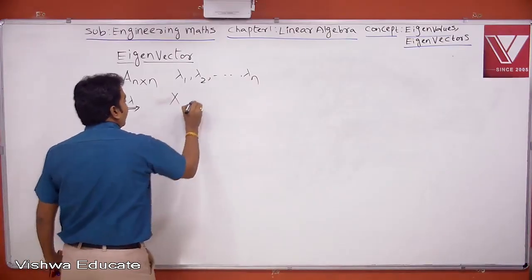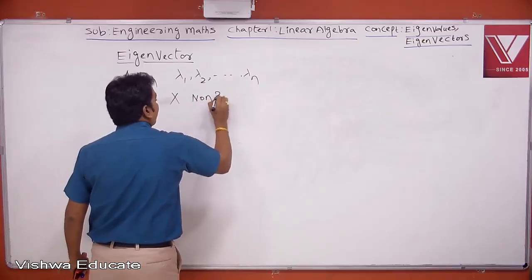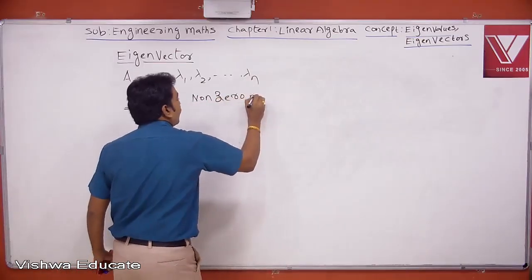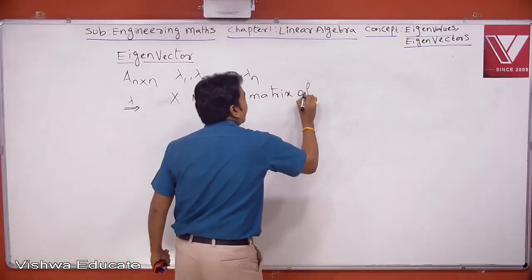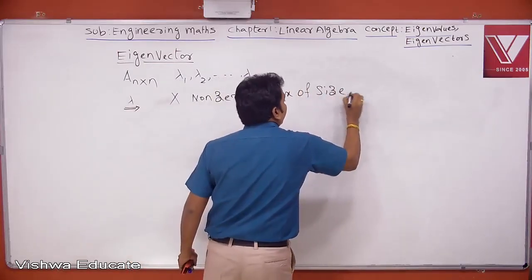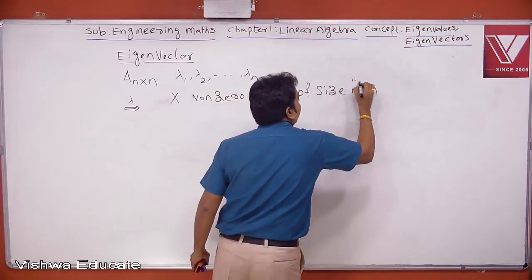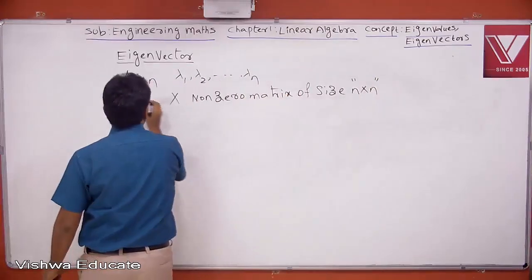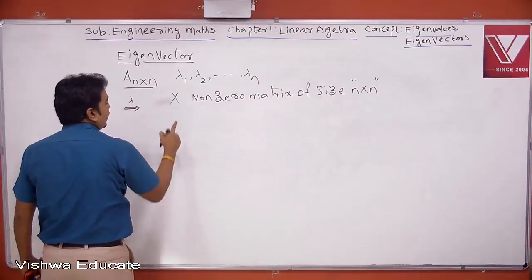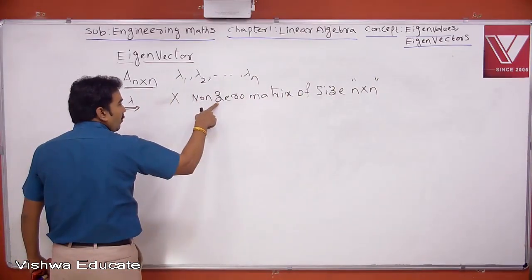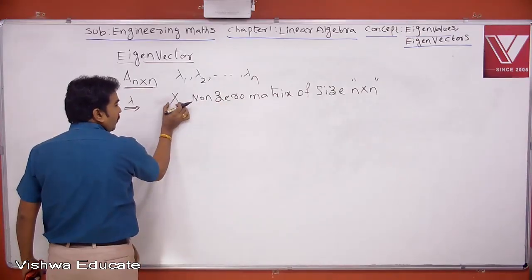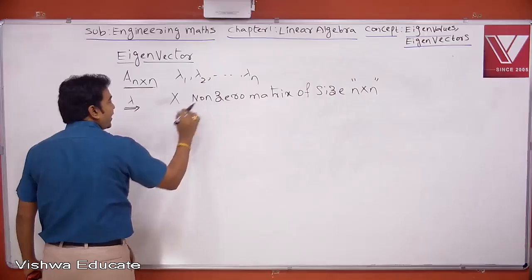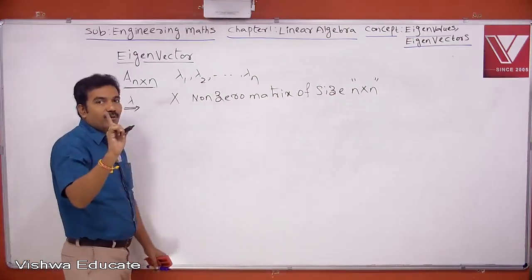Suppose X is a non-zero matrix of size n cross n, because the original matrix size is n cross n. Zero matrix means all elements inside are zero. Non-zero matrix means at least one element is not equal to zero.